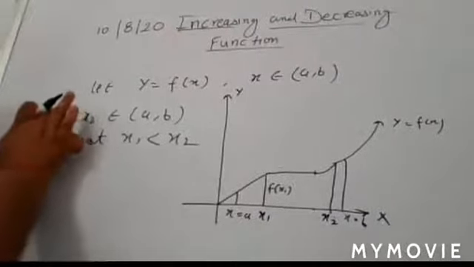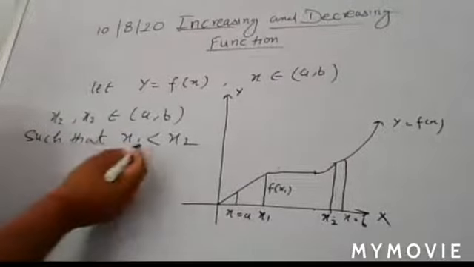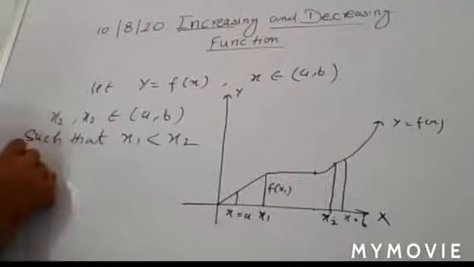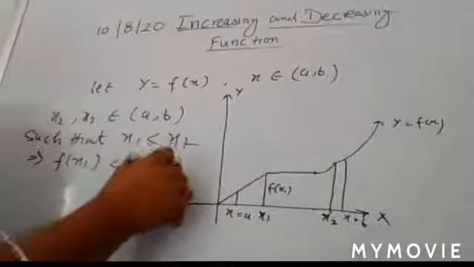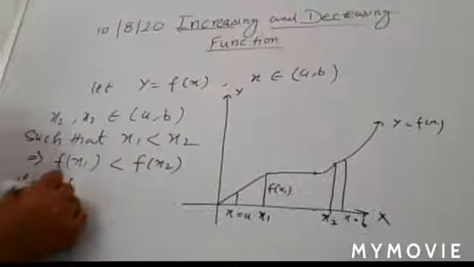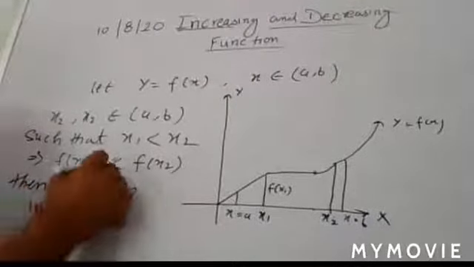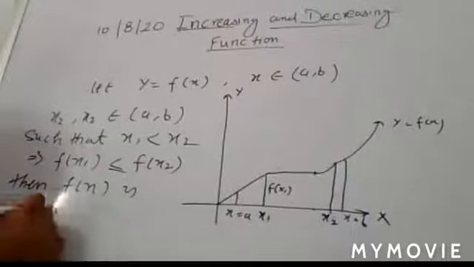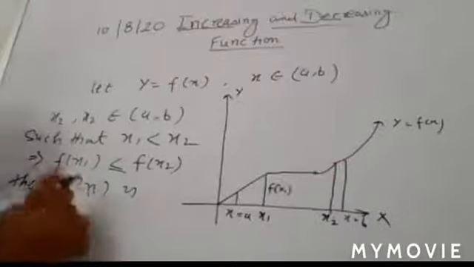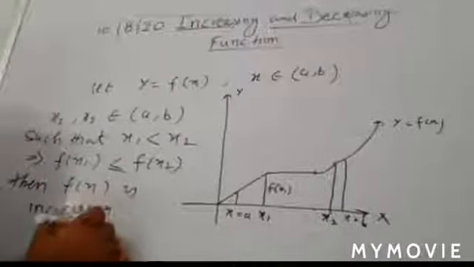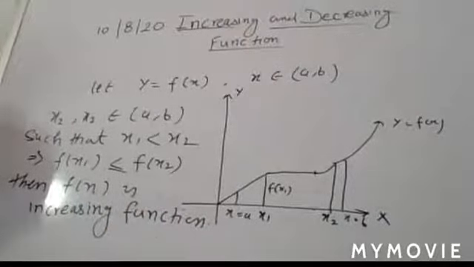You take two points x1 and x2 which belong to its domain, such that x1 less than x2 implies f(x1) less than or equal to f(x2). You write it in this way, and then f(x) is an increasing function.